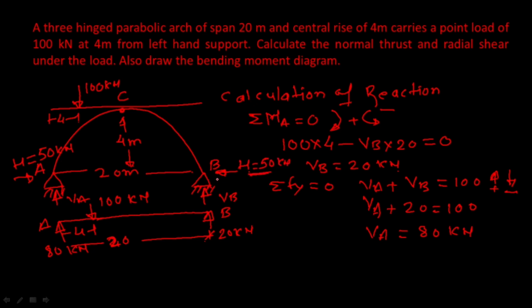Now next is to calculate the normal thrust and the radial shear. For that, the next slide, that is the normal thrust. The formula is V sin theta plus H cos theta.